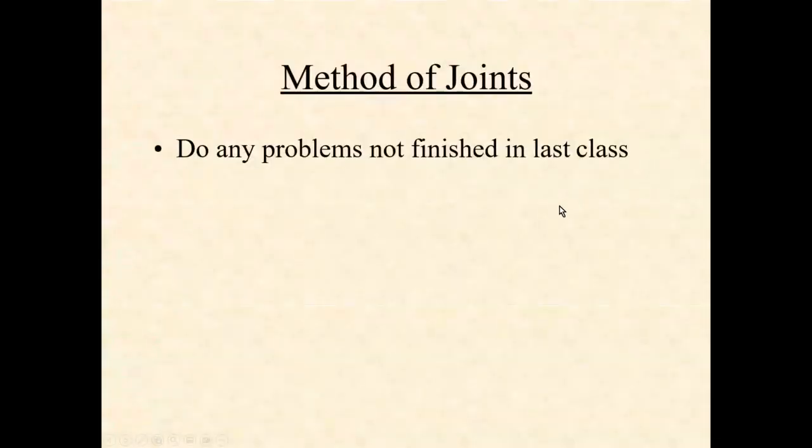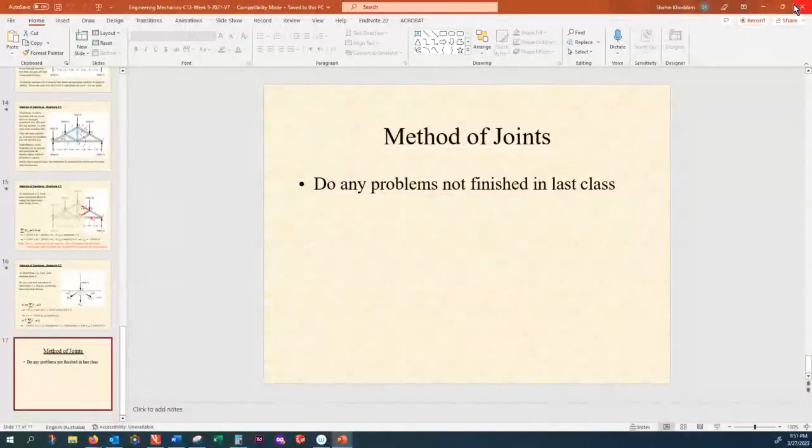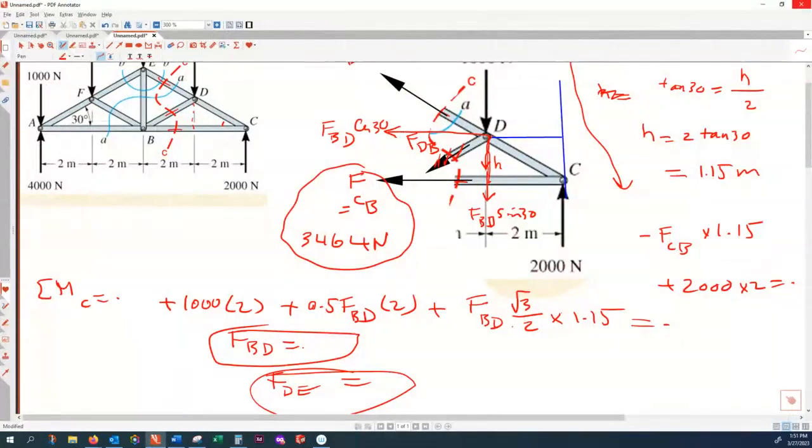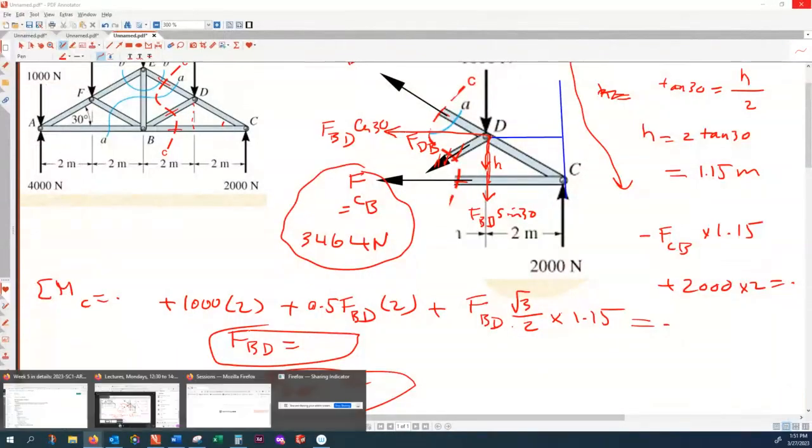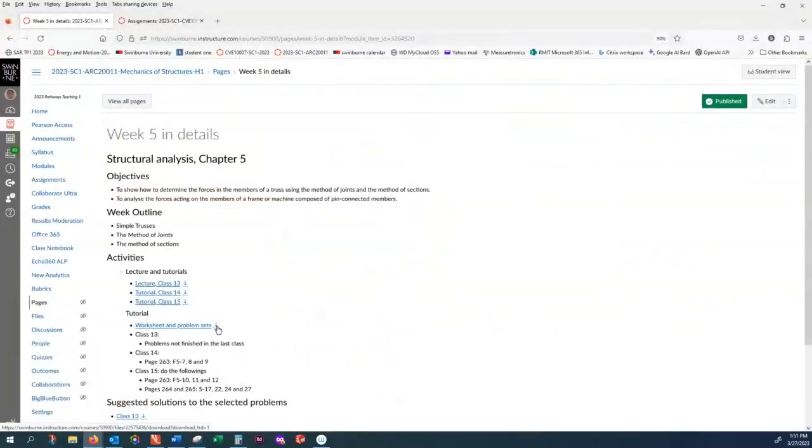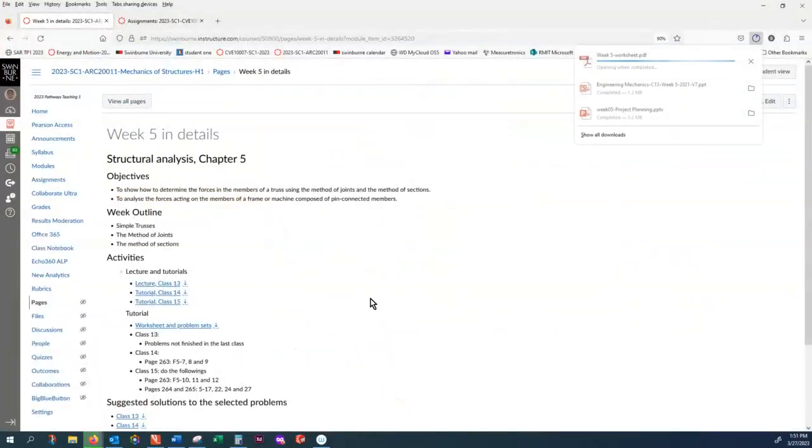Okay, now we have time to deal with more method of joints. Let me go back to the worksheet. And in the worksheet, we can attempt a few examples.